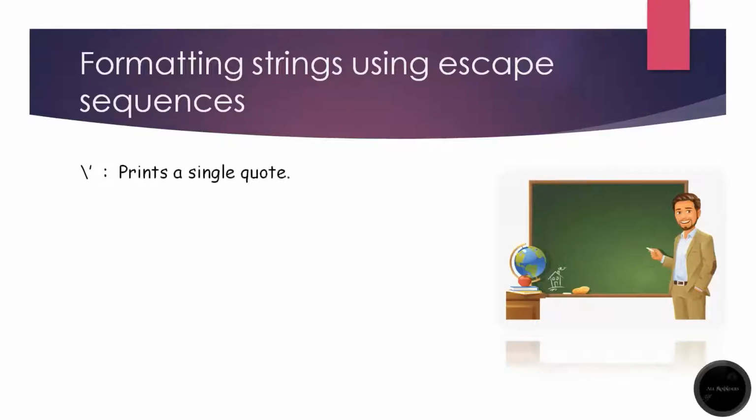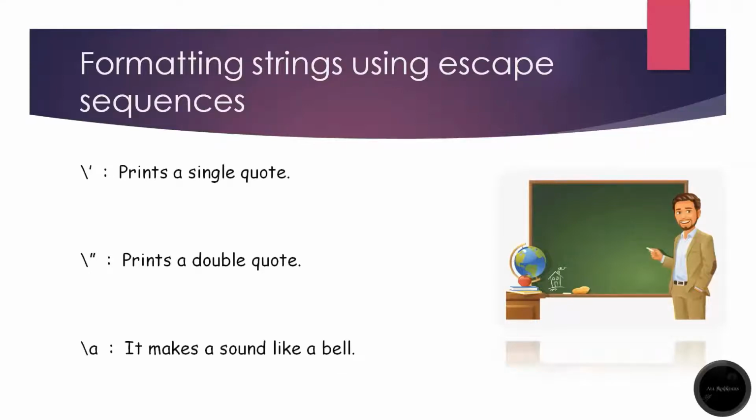Then we have the slash with a single quote. This prints a single quote in the line. Then we have the slash with double quotes. This prints a double quote in the line. Then we have the slash a. Guys, it makes a sound like a bell, and on some laptops it doesn't work. But if you run these escape sequences in the command prompt, maybe it works.